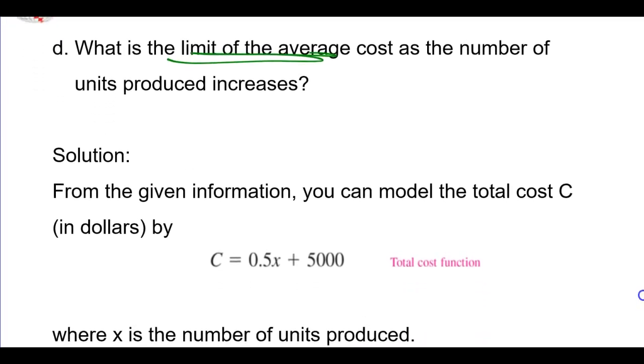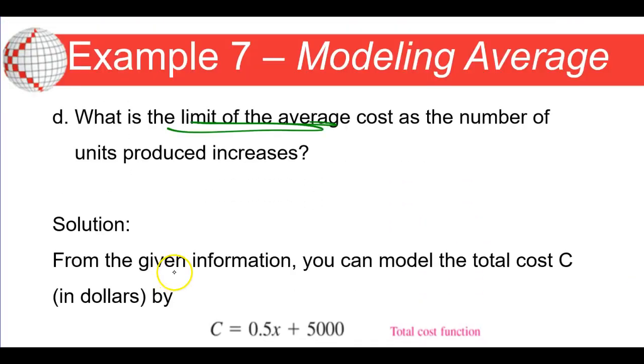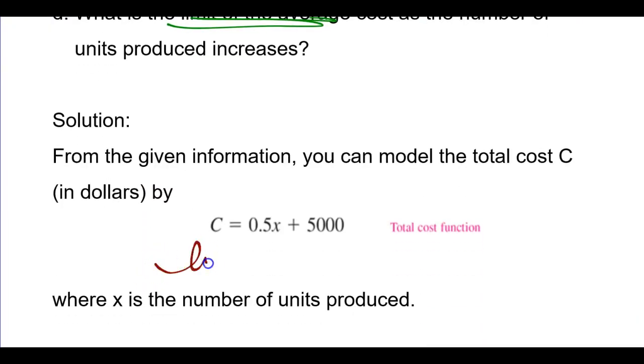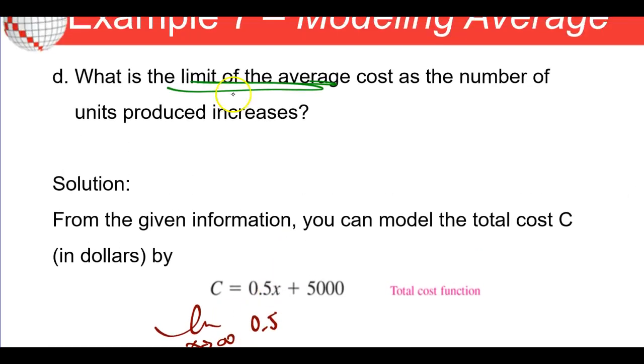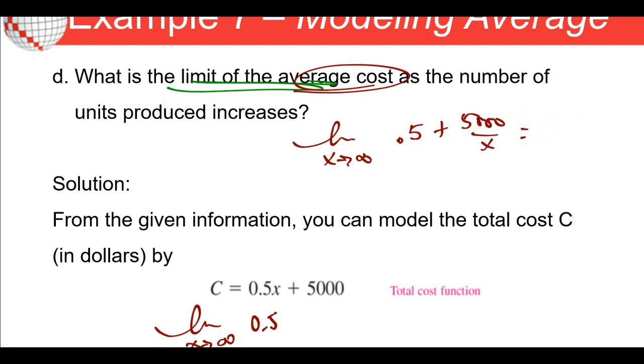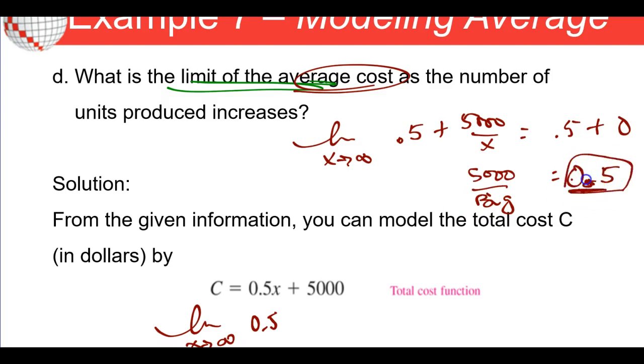But if we push this to infinity, we get the limit as x approaches infinity of the average cost function, which is 0.5 plus 5,000 over x. Then this is 0.5 plus 0, because we know 5,000 divided by a really big number goes to 0, and the limit is then 0.5.